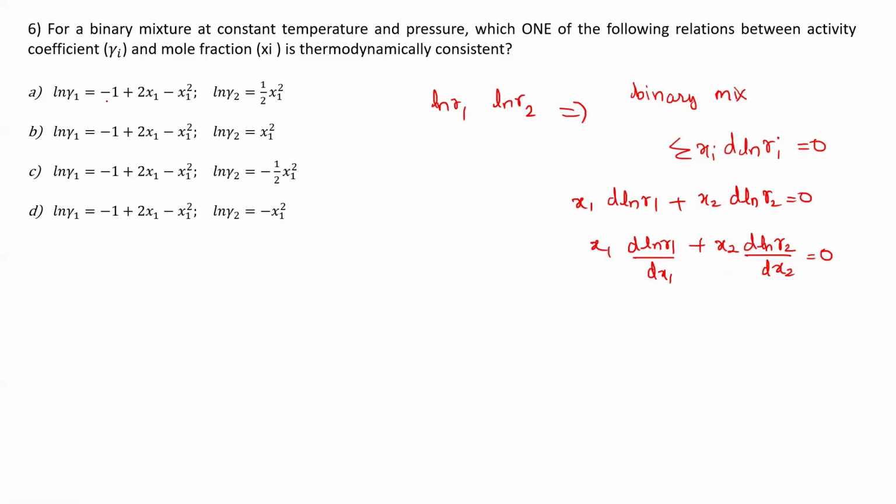Now among all these options, ln gamma 1 is the same and I want to find ln gamma 2. So d ln gamma 1 by dx1 equals 0 plus 2 minus 2x1, or I can write 2 into 1 minus x1.